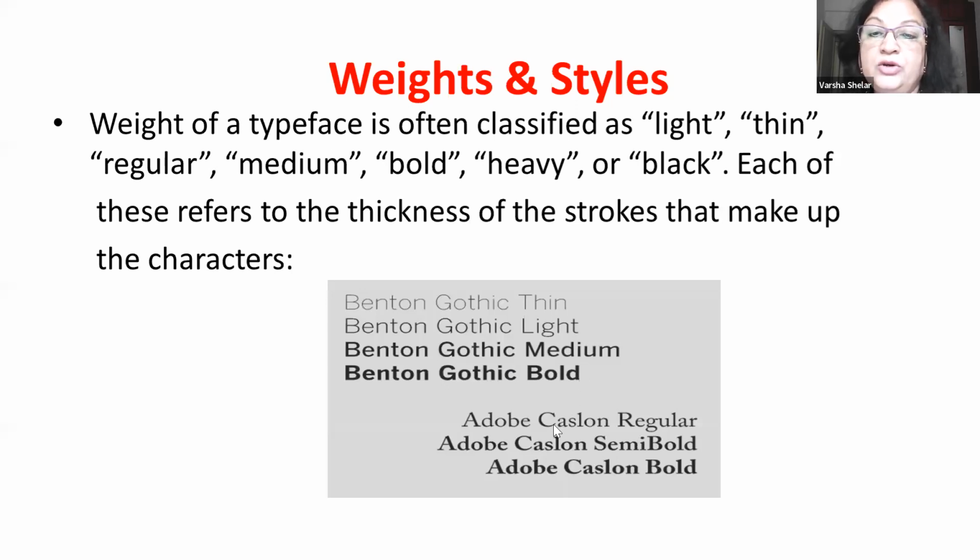Now, if you look at this serif font, Caslon regular and the Benton Gothic medium have similar weight, visually, but they are classified slightly differently. Then Caslon semi-bold and Caslon bold. So as I was telling you, depending on the typeface family, the terminology may differ.